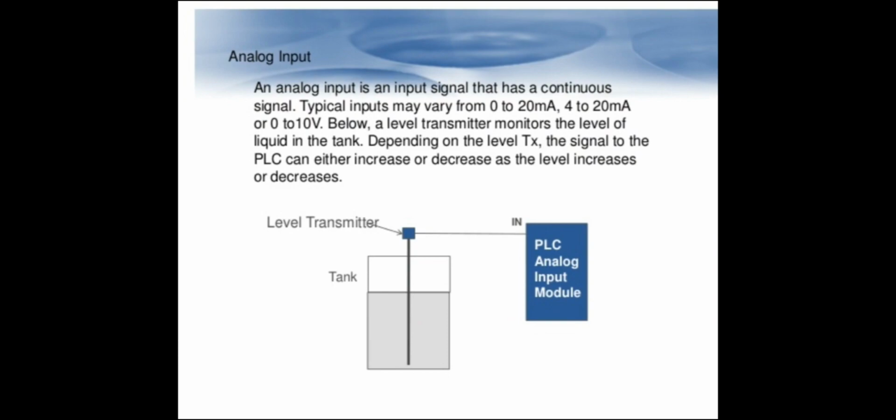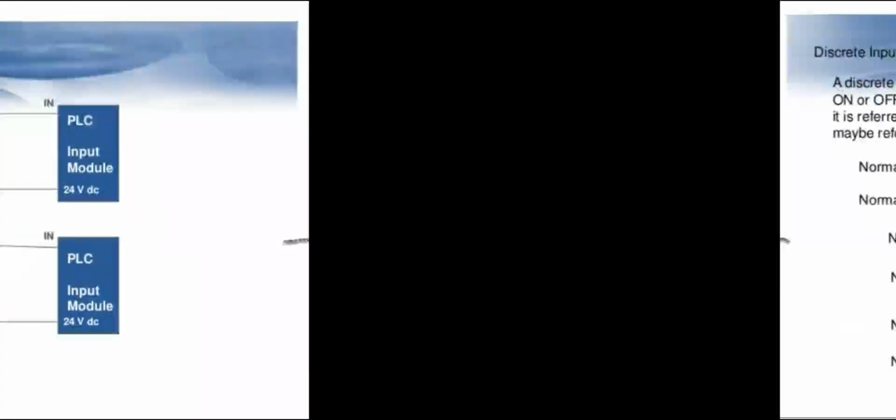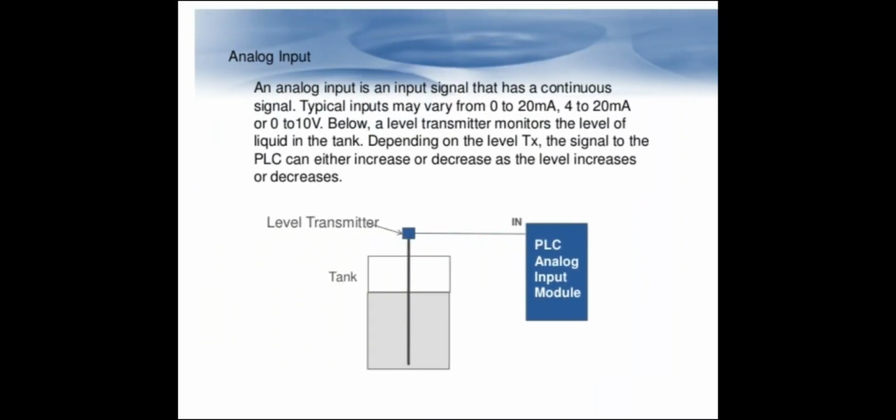Now, analog inputs. We discussed discrete inputs, on or off positions. An analog input is an input signal that has a continuous signal. Typical inputs may vary from 0 to 20 milliampere, 4 to 20 milliampere, or 0 to 10 volt.